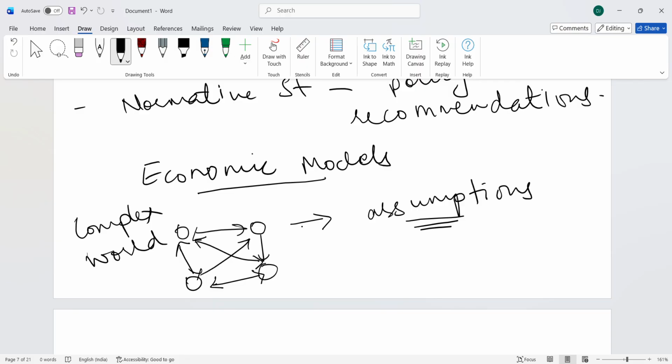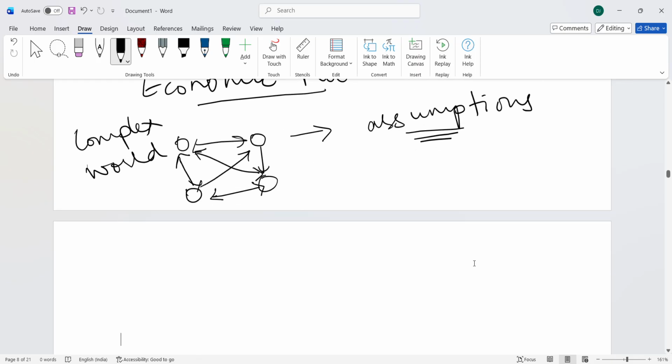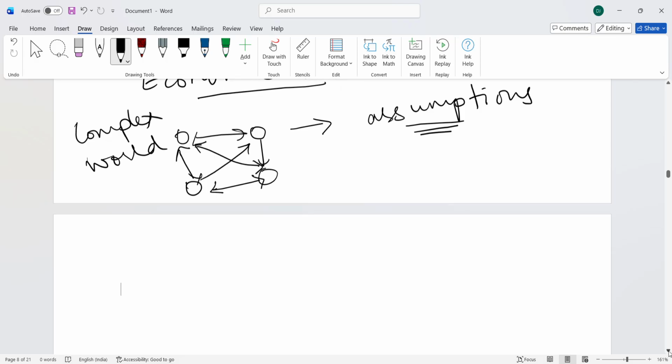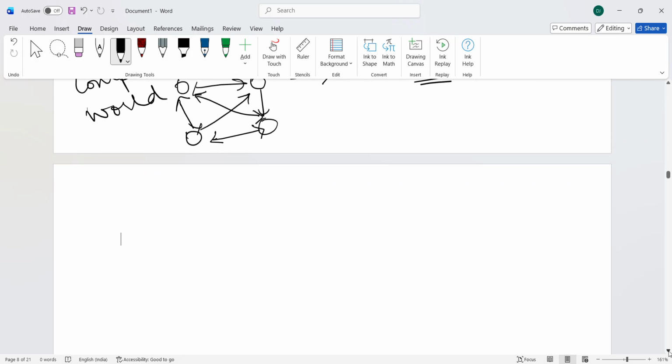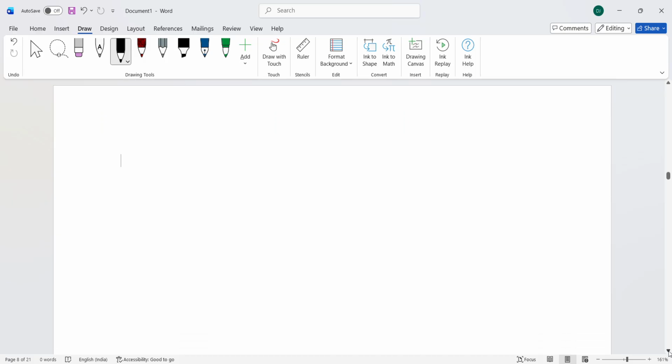Like we say that all consumers are rational, all consumers have perfect knowledge, and there's one term that we use, ceteris paribus, which means other things remaining constant. So we have these assumptions that are taken in economics in order to study the complex world.